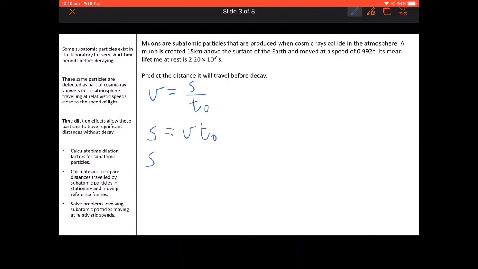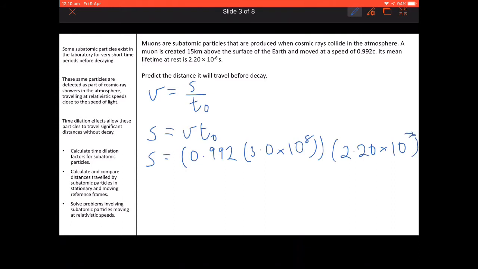This will be 0.992 times the speed of light, which is 3.0 times 10 to the 8, and then for our t we'll be using 2.20 times 10 to the negative 6, so there's our 2.2 microseconds.